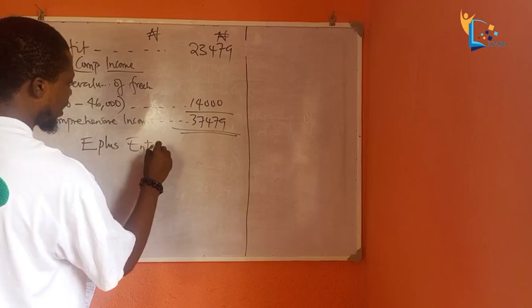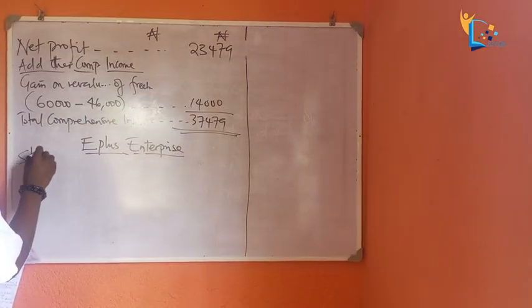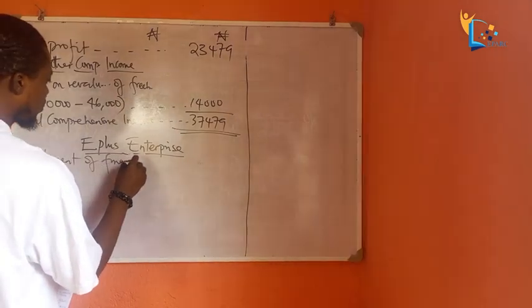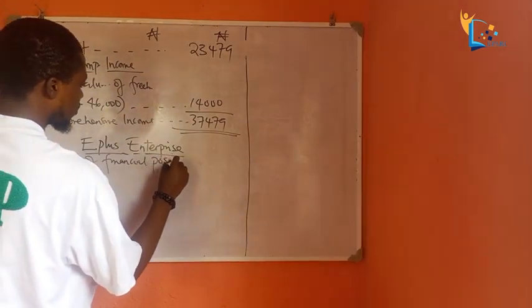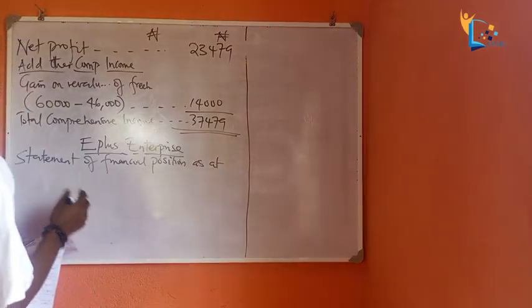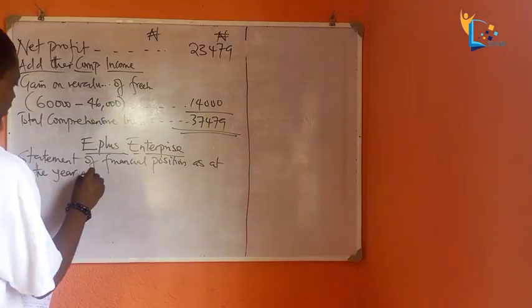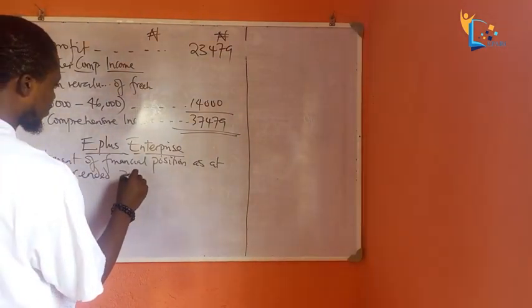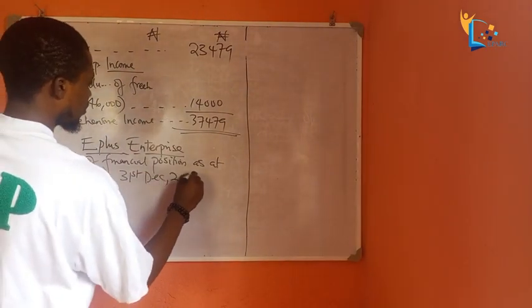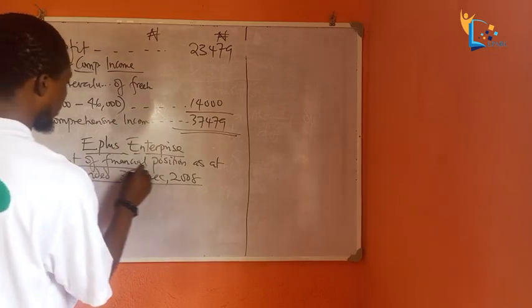This is how your heading will be like: Statement of financial position as at 31st December 2008.